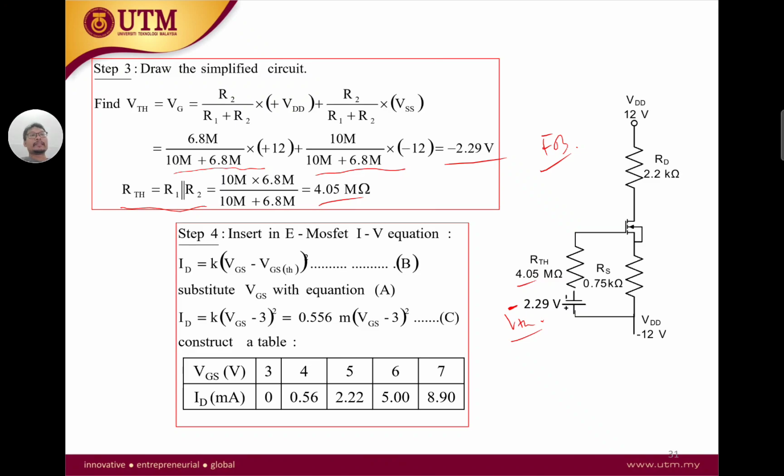So from here we do the same analysis as before. We're going to have our first equation here, where we use this K and VGS-TH, and we get the graph and the ID-VGS characteristic equation. And again, number 2, we need the KVL loop for the load line, and for VDSQ we need the drain to source loop.